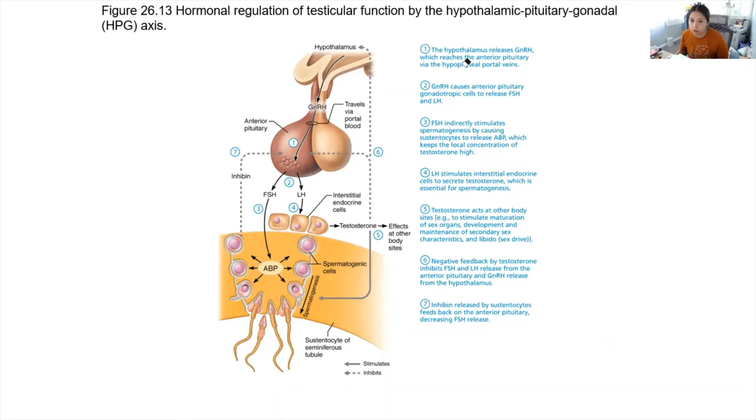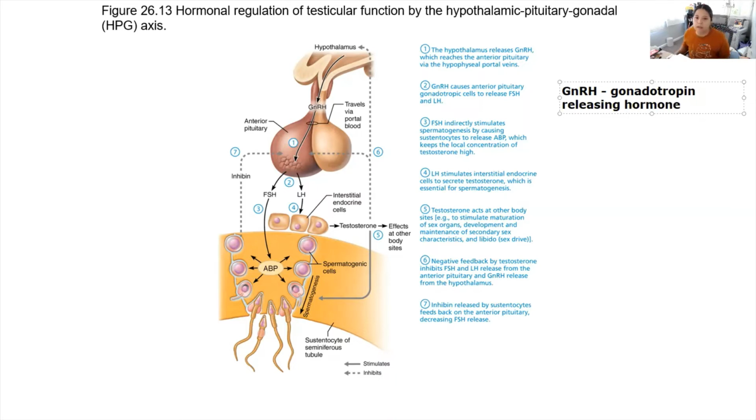So first of all, the hypothalamus is going to release a releasing hormone called gonadotropin releasing hormone. So this GnRH, do not confuse it with GHRH, which we talked about before, which is growth hormone releasing hormone. GnRH, lowercase n, RH is gonadotropin releasing hormone.